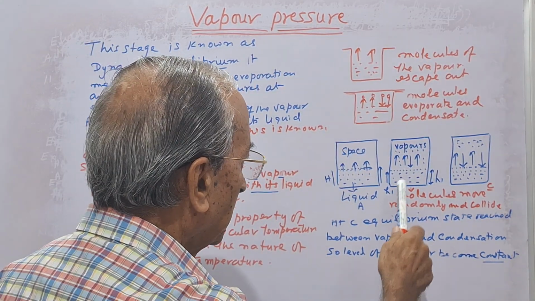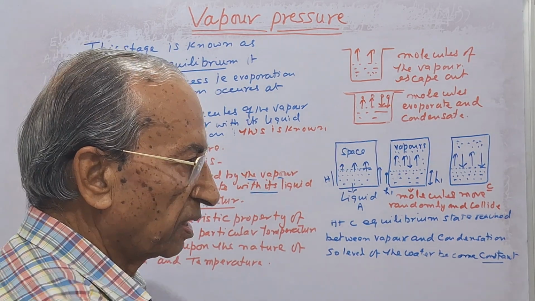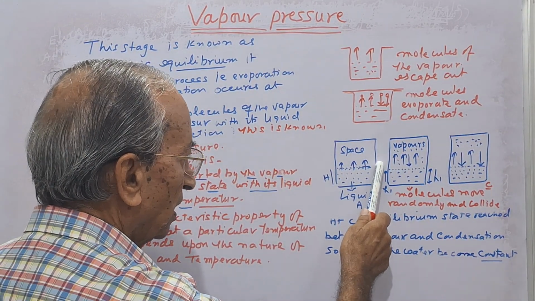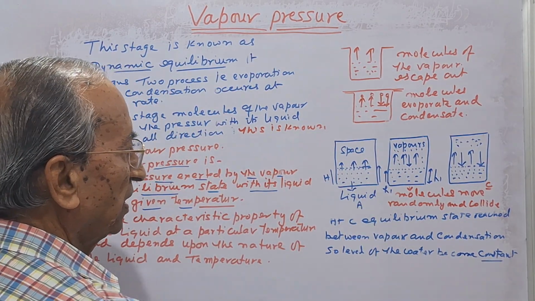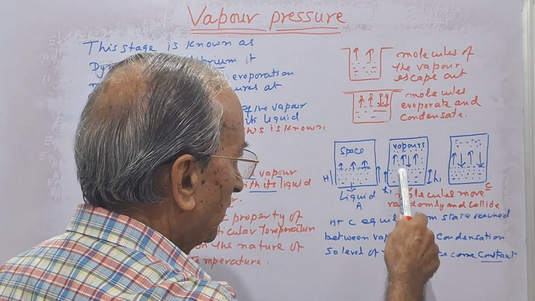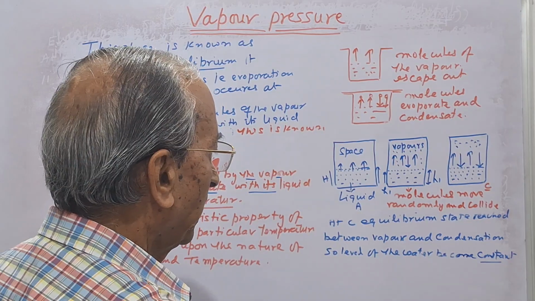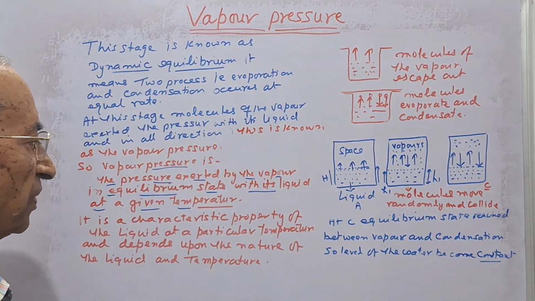Again, listen. When the vapors go into the confined space, the level of the water decreases. As the concentration of the vapors increases, they collide with themselves, with the walls of the container and also with the liquid level.